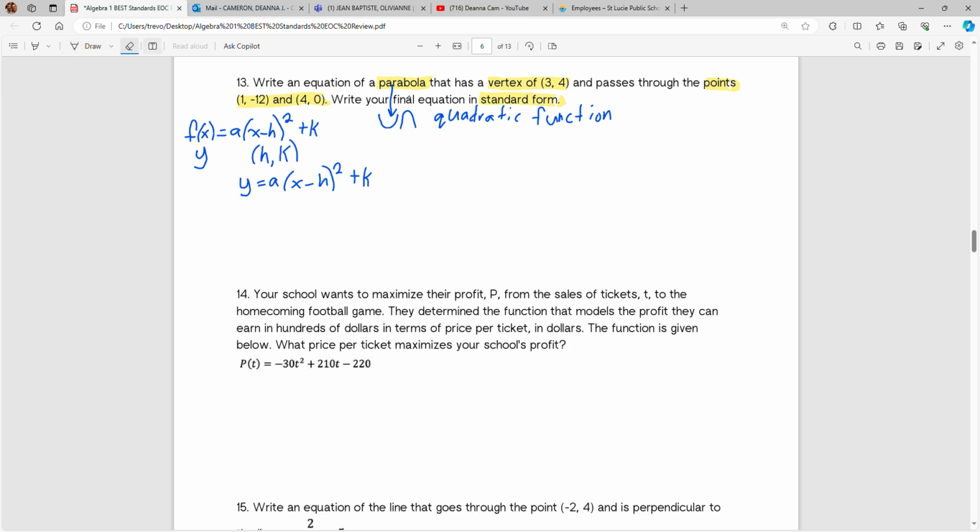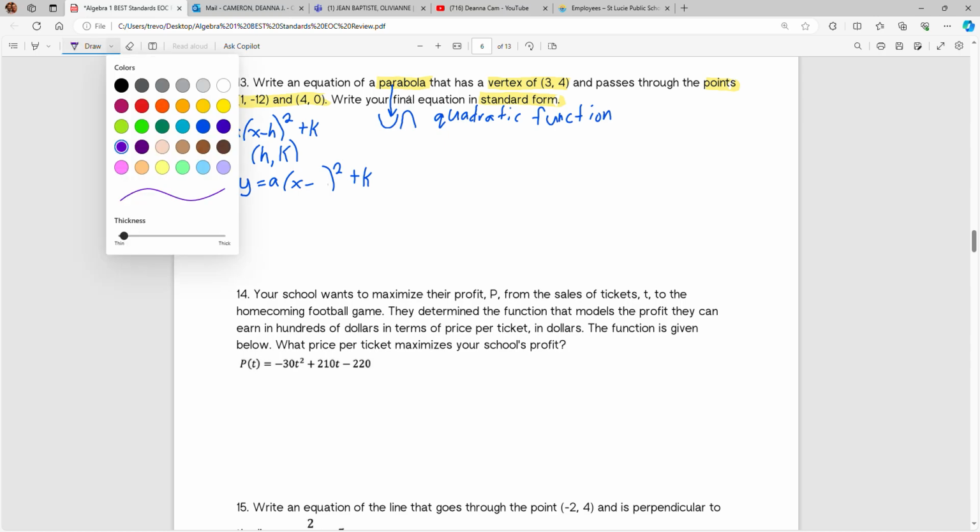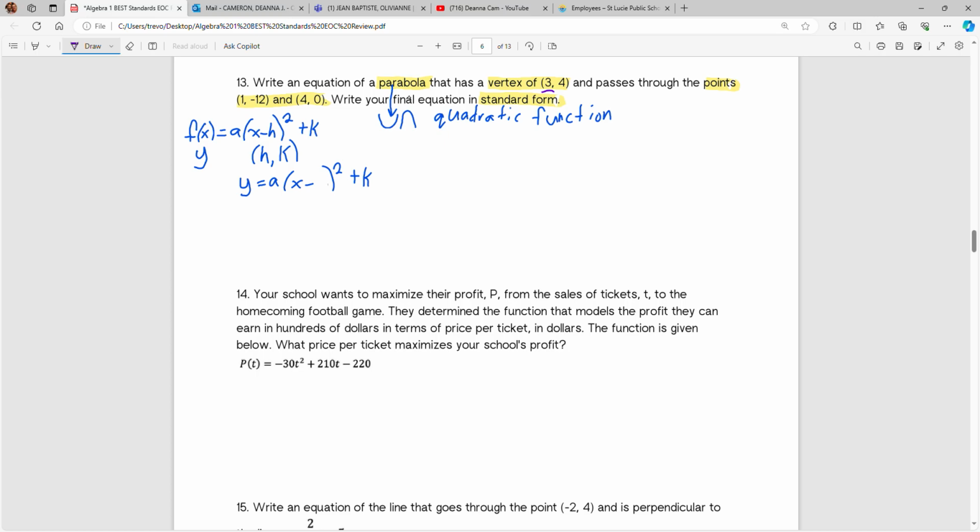And now I'm going to erase my h and write my x number for my vertex. And I'm going to erase the k and write my y number from the vertex. Both of those numbers in my ordered pair for my vertex are positive, so I didn't have to change any of the signs.